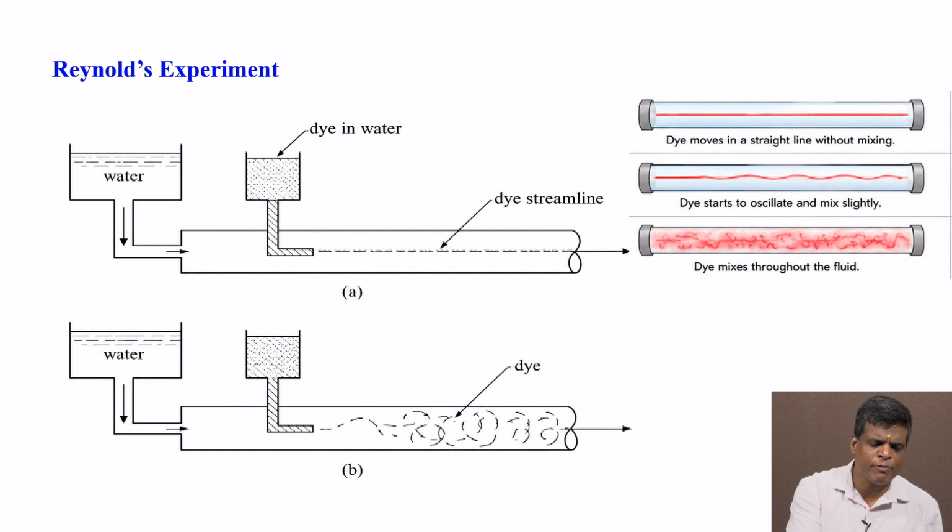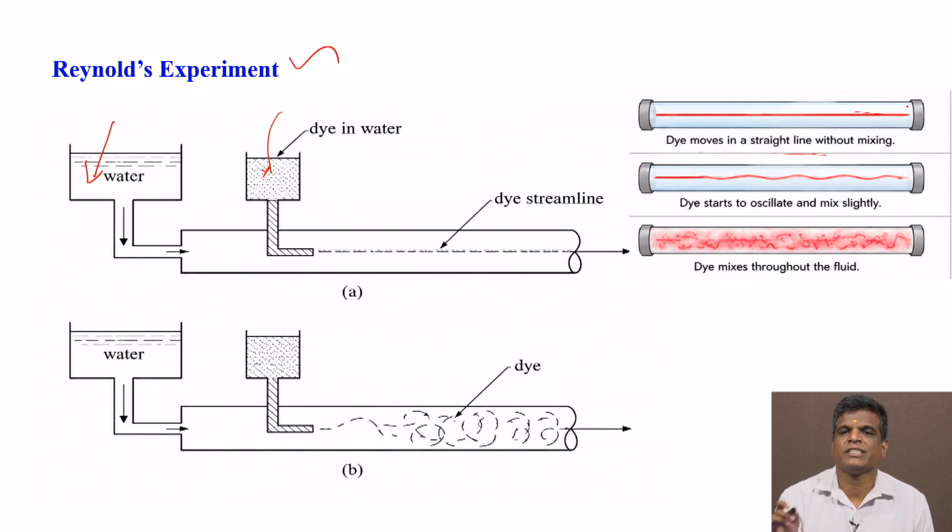In this Reynolds experiment, you take water on one side and dye in water on the other. Just pause it: at first the dye moves in a straight line without mixing. Just see, it is moving in a straight line without mixing. So, we call this laminar flow; there is no mixing.